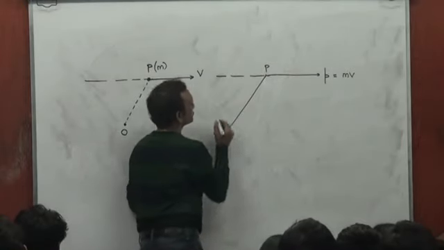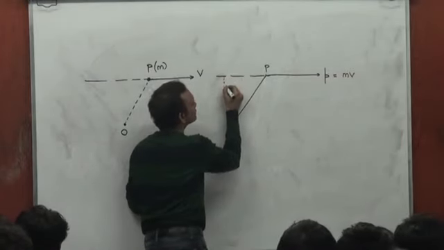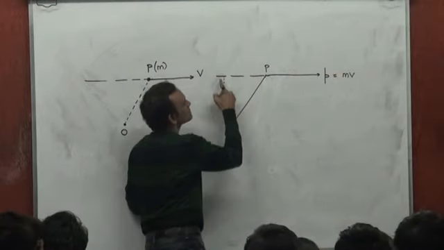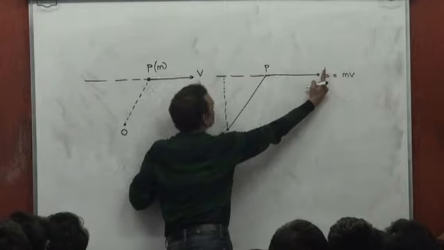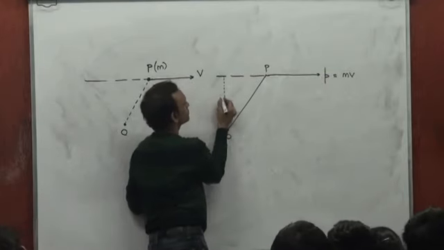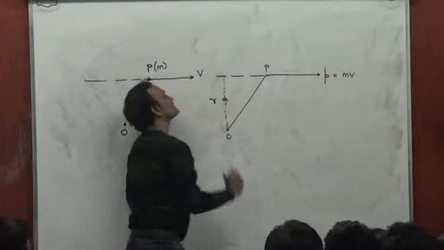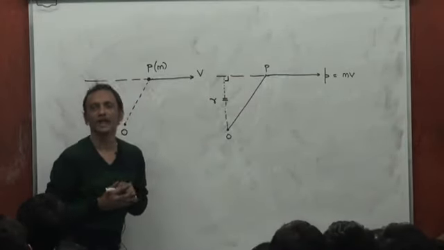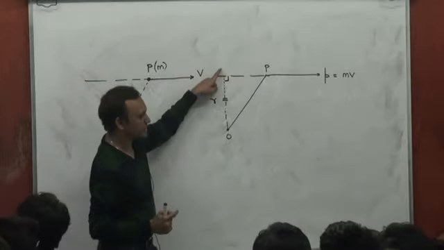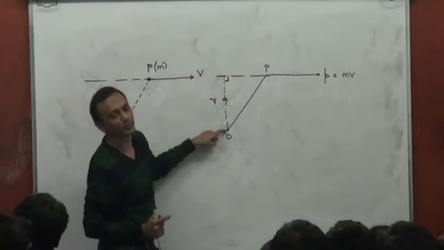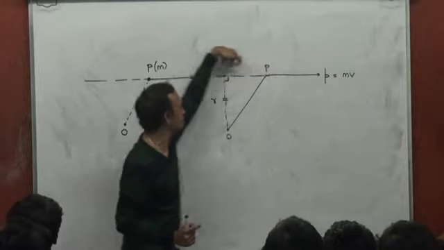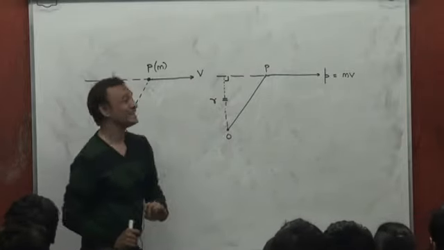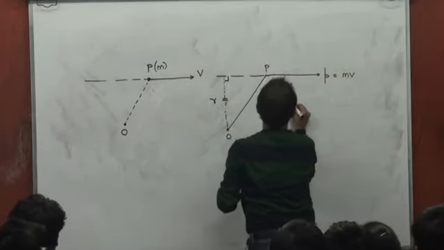Now, the perpendicular distance between the line of action of the linear momentum and O, if that's R, the line of action is at a distance R from the point O. If that's at a distance R from O, then we define the angular momentum about O.